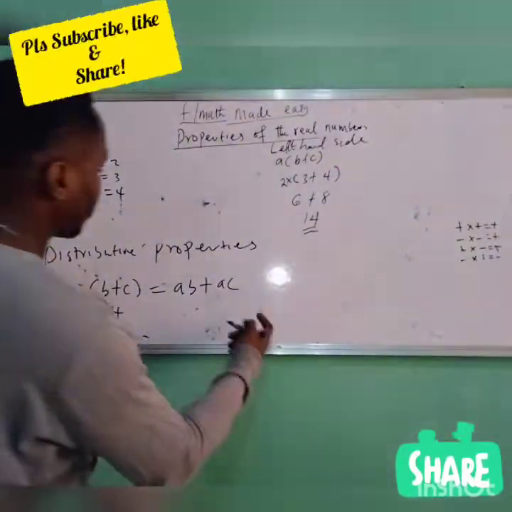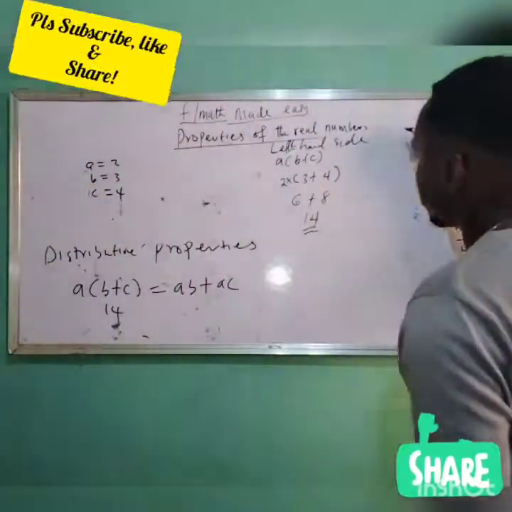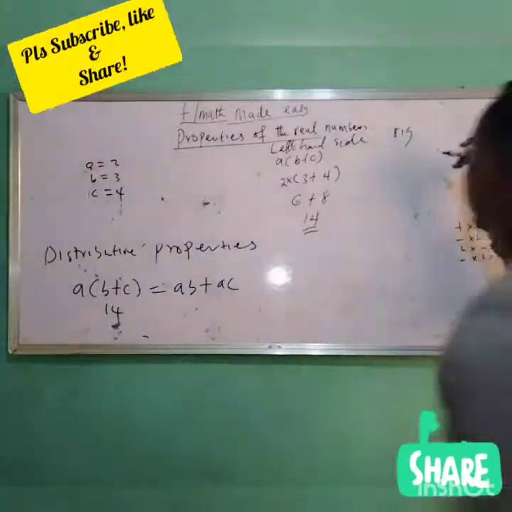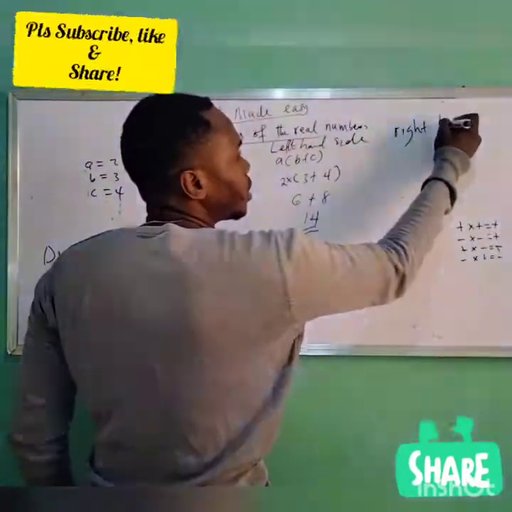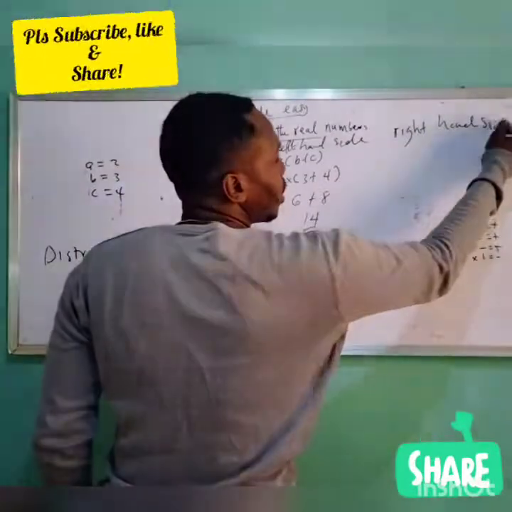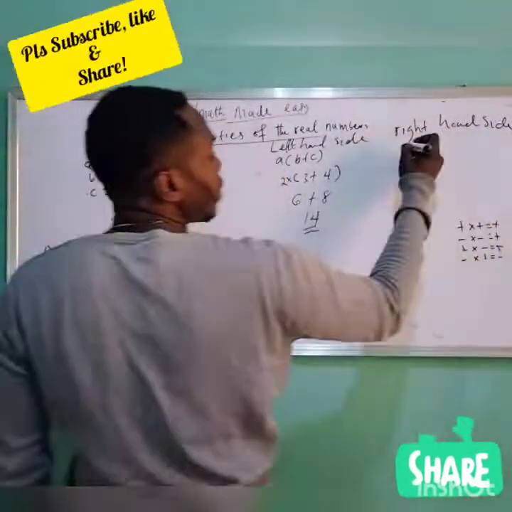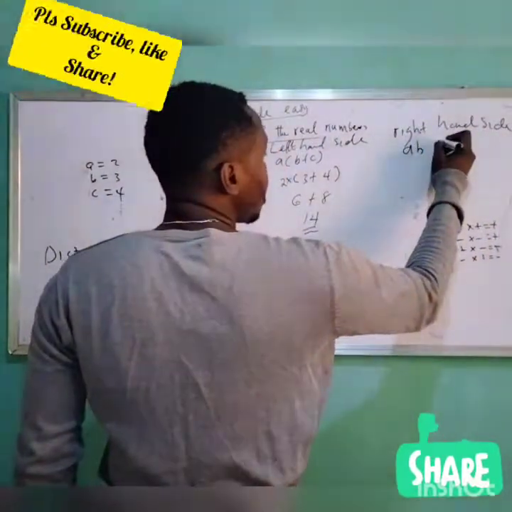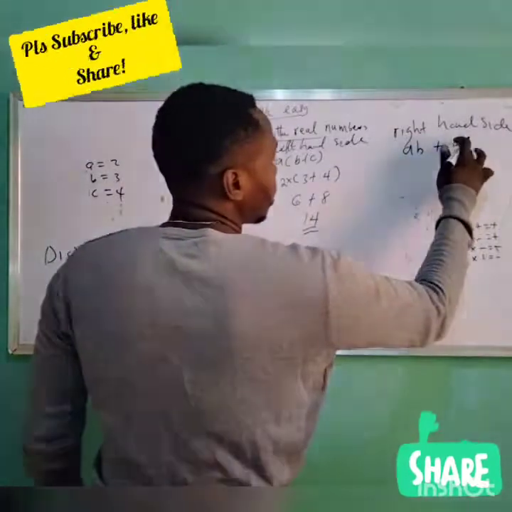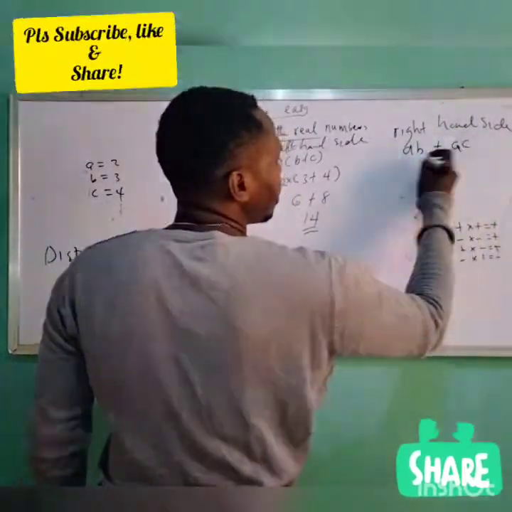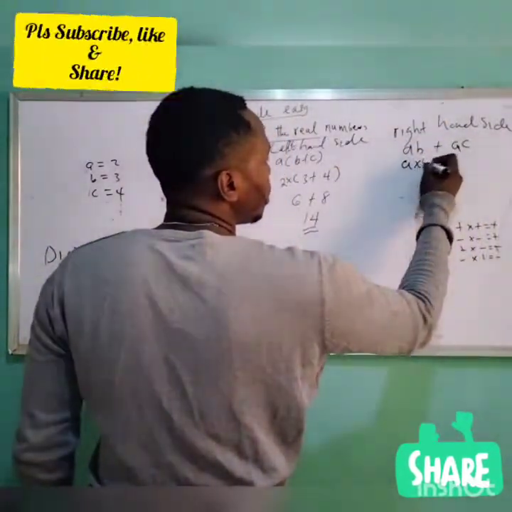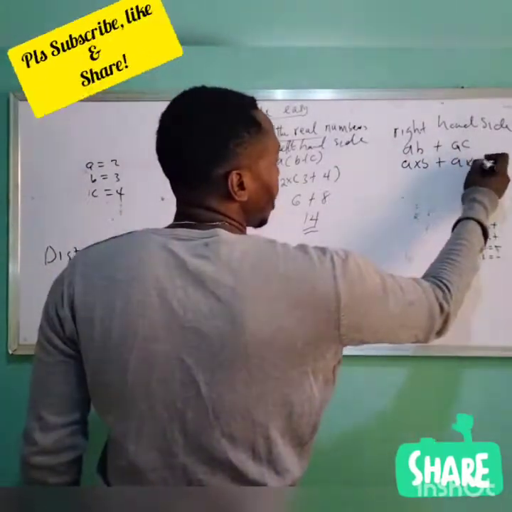So let's deal with the right hand side. On the right hand side, we have ab plus ac. I said this simply means a times b plus a times c, right?